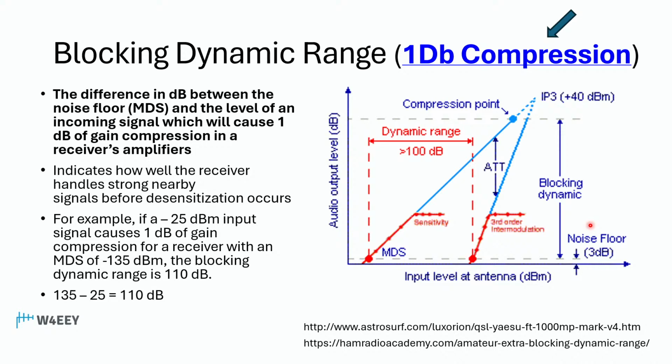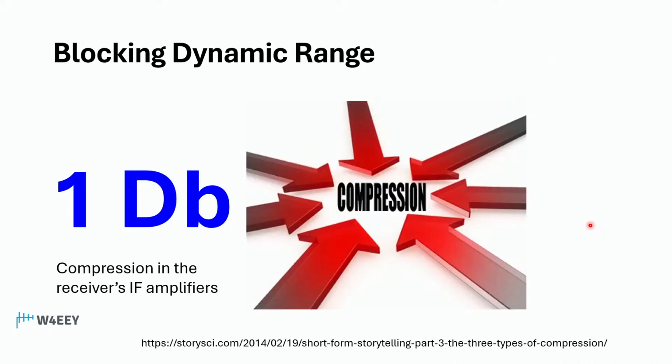And blocking dynamic range is when there is 1 dB of compression in the receiver's IF amplifiers. That's the blocking dynamic range of that radio receiver. This can be improved because sometimes those signals that are coming in that are strong are off frequency slightly.